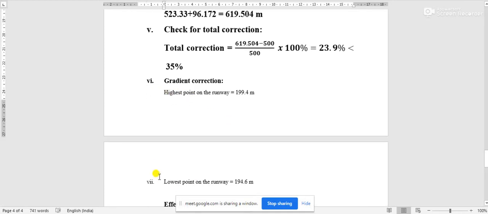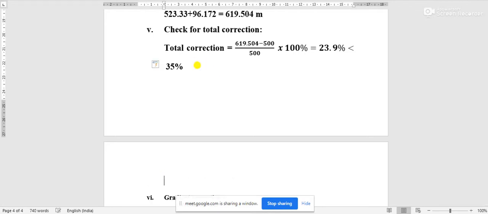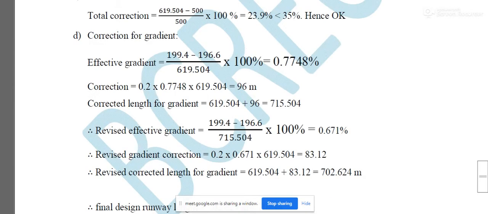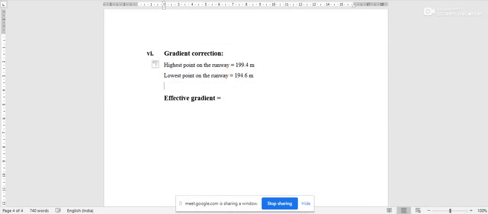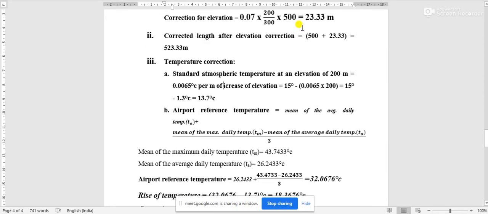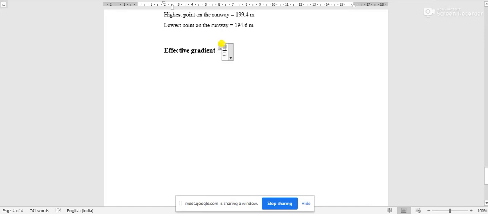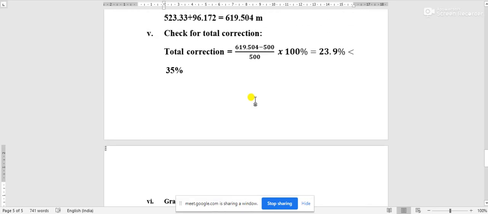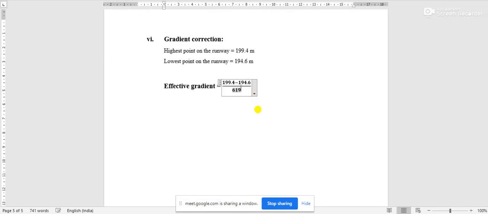For better understanding, we may copy these two data, highest point elevation and lowest point elevation, and effective gradient is 199.4 minus 194.6 divided by total corrected length, that is 619.504.